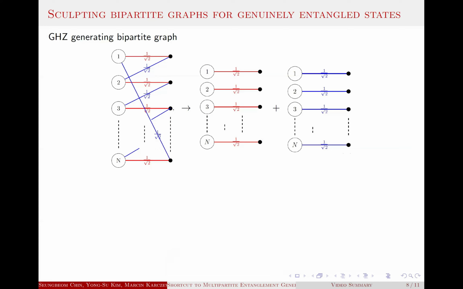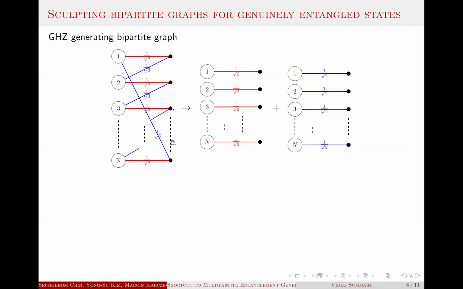Based on this strategy, we have found several sculpting bigraphs that generate essential multipartite entangled states. The simplest but very interesting graph solution is the GHZ generating bipartite graph. And you see that this graph has two perfect matchings, and also this is the simplest form of EPM bigraph.